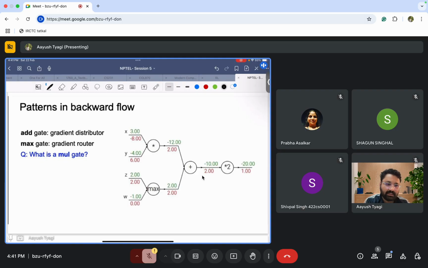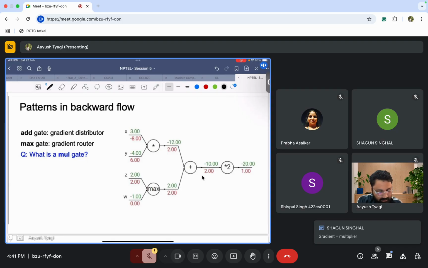What about the multiplication gate? So what the multiplication gate does, yes, is it kind of switches the gradient.